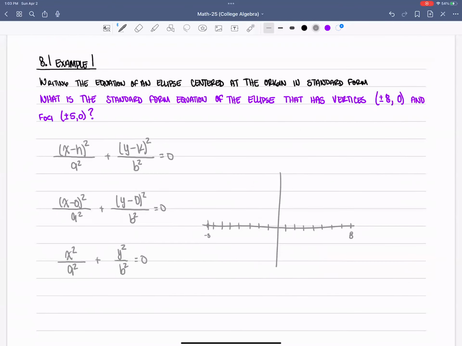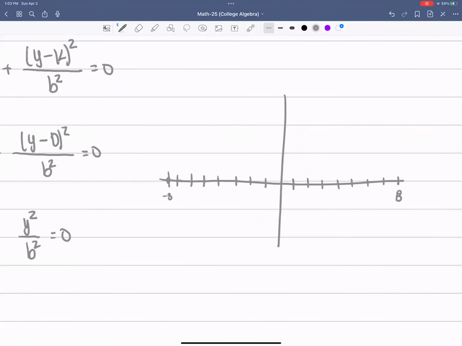So far that's what we have. And we have foci at plus or minus 5. So we have 1, 2, 3, 4, 5. And 5 over here as well. So far this is what we have.